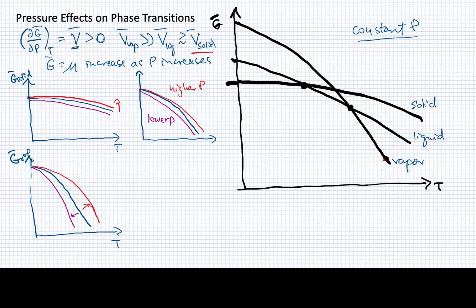So what I'm going to do is draw this for the solid first, and it's just going to be a slight upward change in the Gibbs energy of the solid. But not a major change. Same is going to be true for the liquid. So it'll look something like that. So you can see that the new position of their intersection is not very far removed from the old position of their intersection.